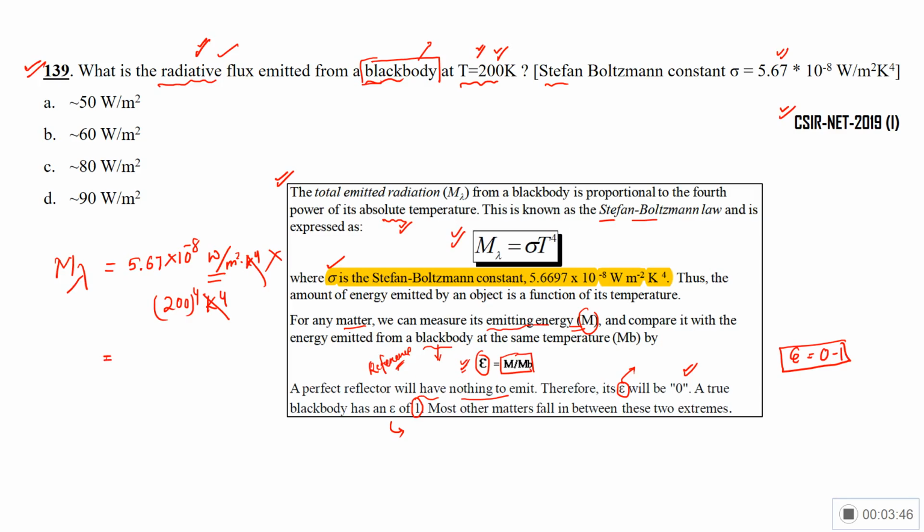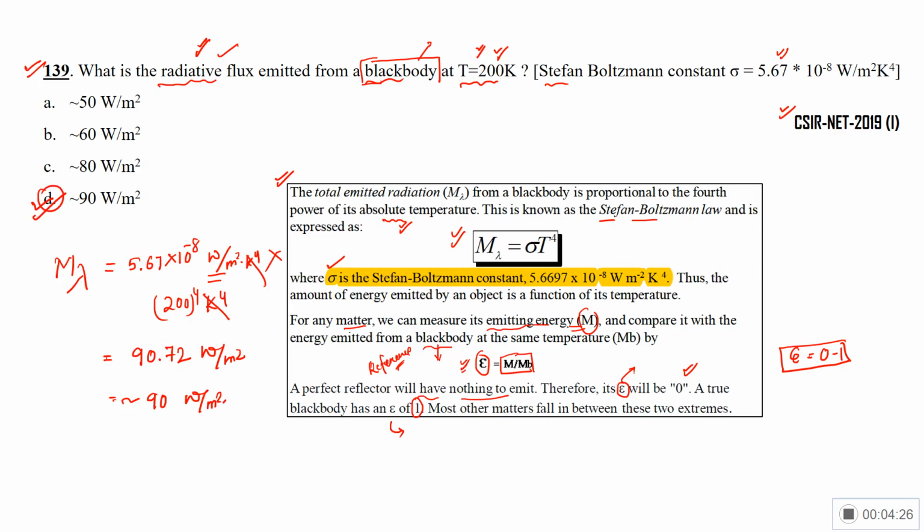So what will be the answer? This is 5.67 into 10 to the power minus 8 multiplied by 200 to the power 4. This is actually 90.72 watt per meter square, so nearly 90 watt per meter square. So here D is our answer.